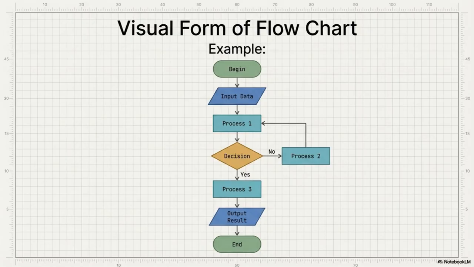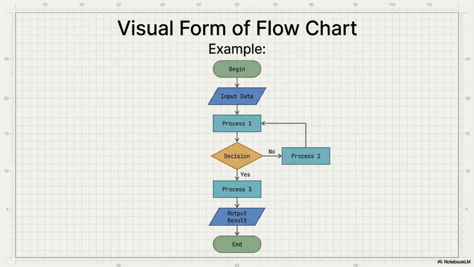So we have the terminal in oval represent the beginning and the ending of a program. And then you will have process in a rectangle shape. Based on here, we have three processes. Normally, it will show the details like mathematical operations, like adding numbers, for example.